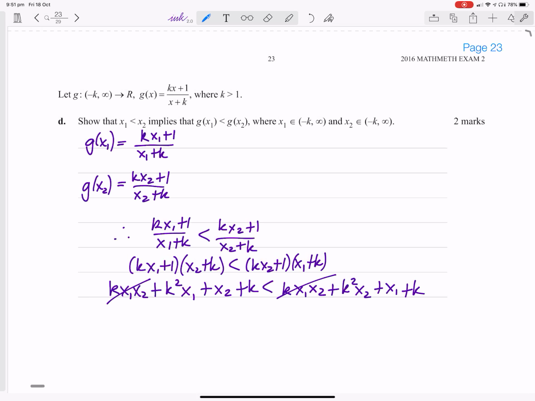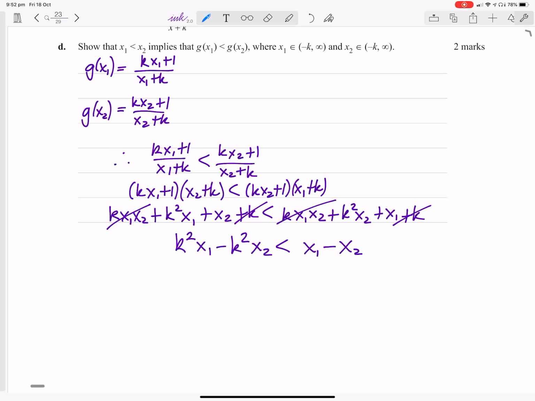K x1 x2, that cancels with that. What can we do here? K squared x1 minus k squared x2 is less than x1 minus x2.